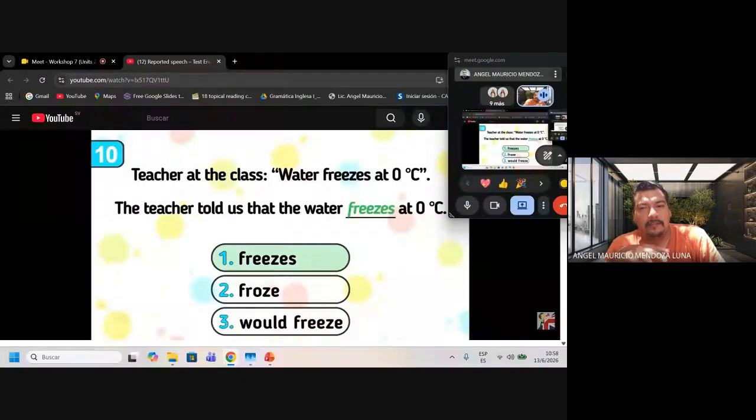Water freezes at 0 degrees Celsius, right? And the indirect speech will be, the teacher told us that the water freezes. That's present.